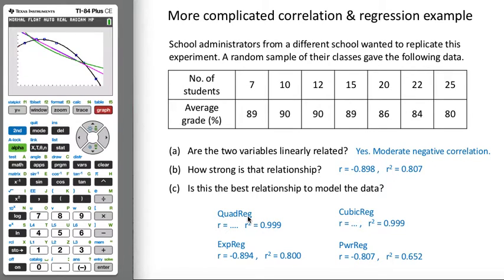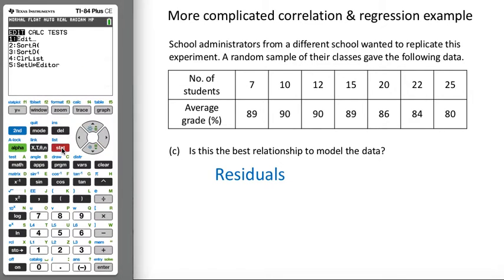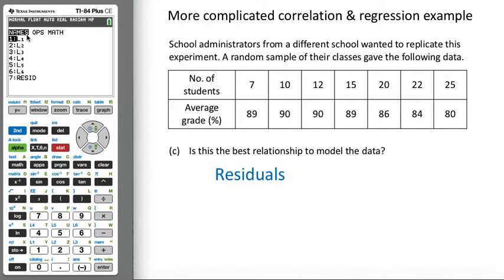Okay, but can we quantify that even more? Well, the other thing you can do is we can talk about residuals. So, with your stat edit, you have your list here, and in the next column, go up to the top and see where it says list. You click on list, and you have residuals.